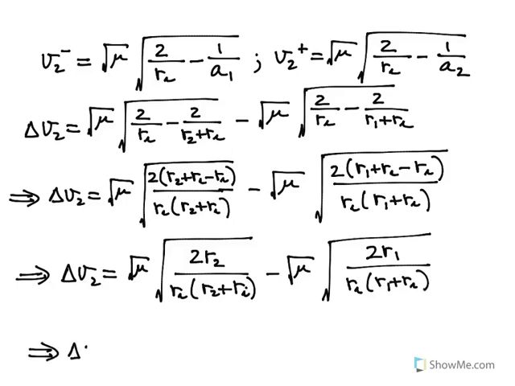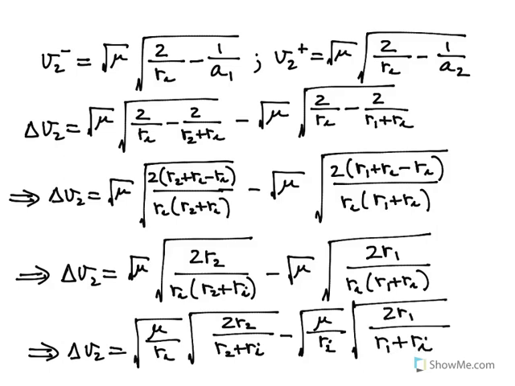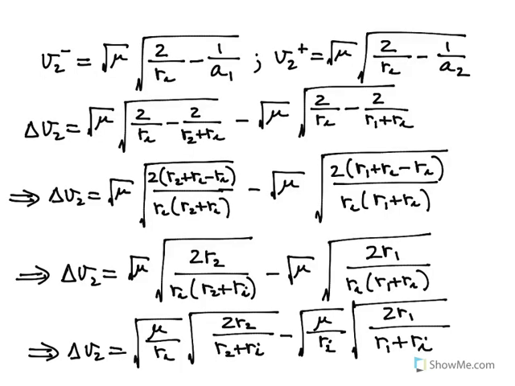which gives delta V2 is equal to the square root of mu over Ri times the square root of 2R2 all divided by R2 plus Ri, minus the square root of mu over Ri times the square root of 2R1 all divided by R1 plus Ri. So then we can write delta V2. You can see that you can factor out the square root of mu over Ri.